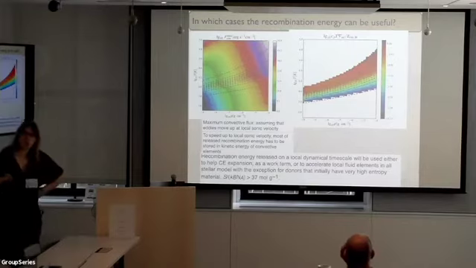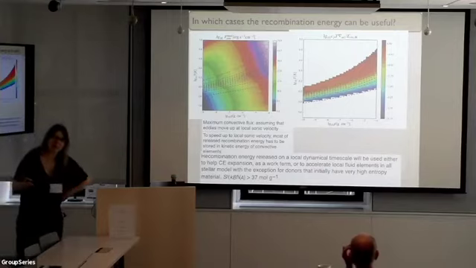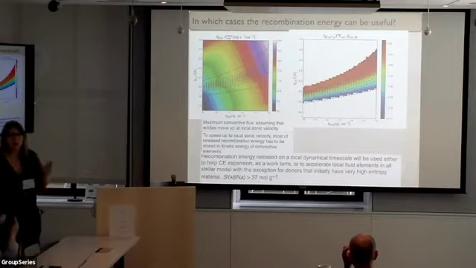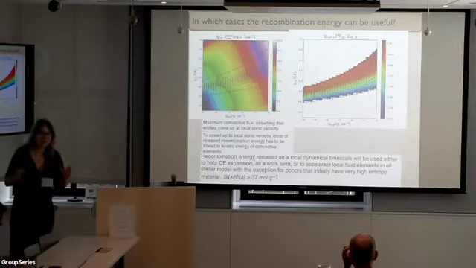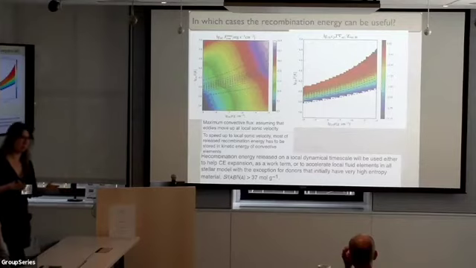So now I'm coming to a little bit of the estimate. Assume that my recombination energy is released on the order of a local dynamical timescale, as it usually happens during the common envelope event, but again, it's an assumption about dynamics.